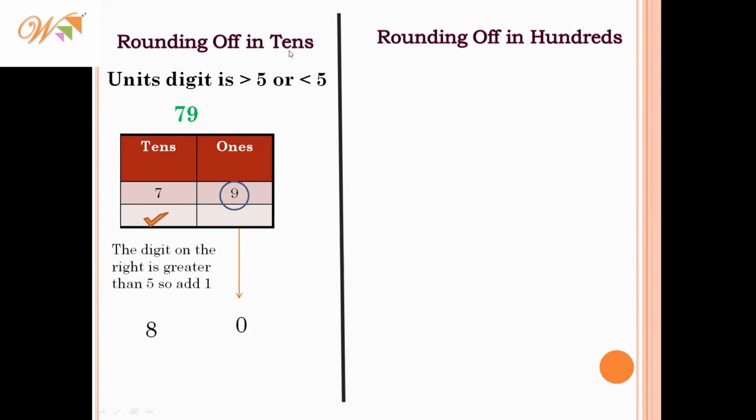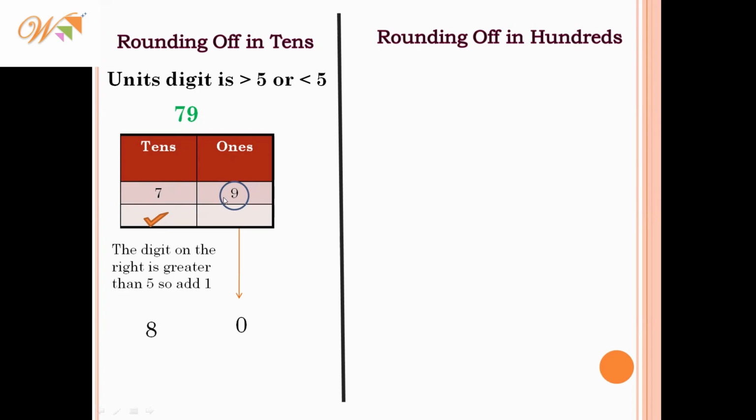All the numbers, so if you have to round off in tens, make all the numbers on the right of this tens digit number 0. Okay, then for the tens digit number, look at the number just right of it, that is the unit digit number. If this digit is greater than or equal to 5, then give 1 extra to the tens digit number.